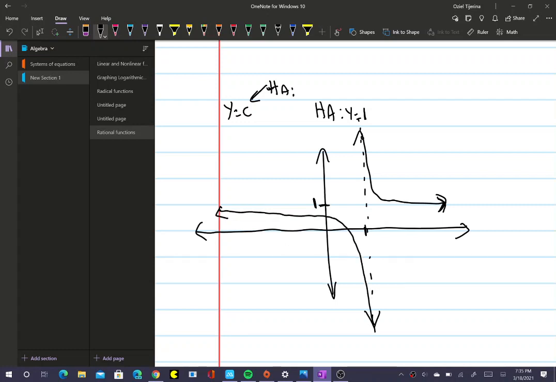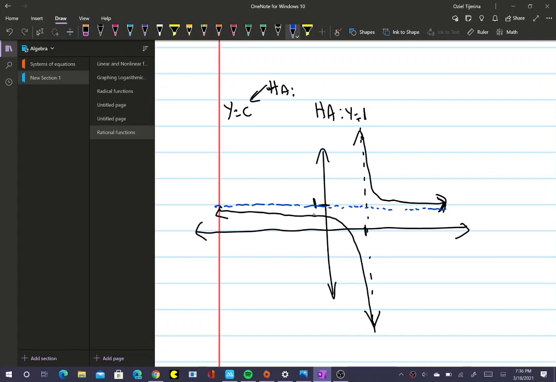Notice that there's a line here that is restricted, right? It looks like it's almost reaching 1, but it's not. If I keep going and going and going, yes, it's going to get very, very close, but the one thing to know about horizontal asymptotes is that those dashed lines you can never reach them.